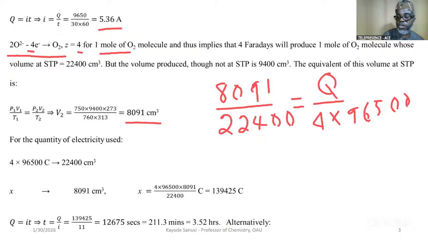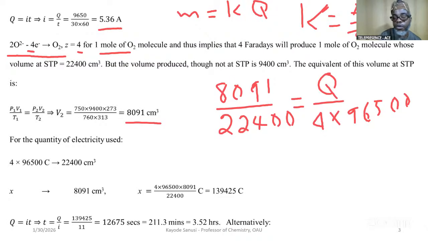If you don't know the relationship I used there, it is just simply that relationship we obtain from the first law of Faraday, which is m = KQ, where K equals A over ZF. But this time around, we are relating molar volume to volume, not mass to relative atomic mass.